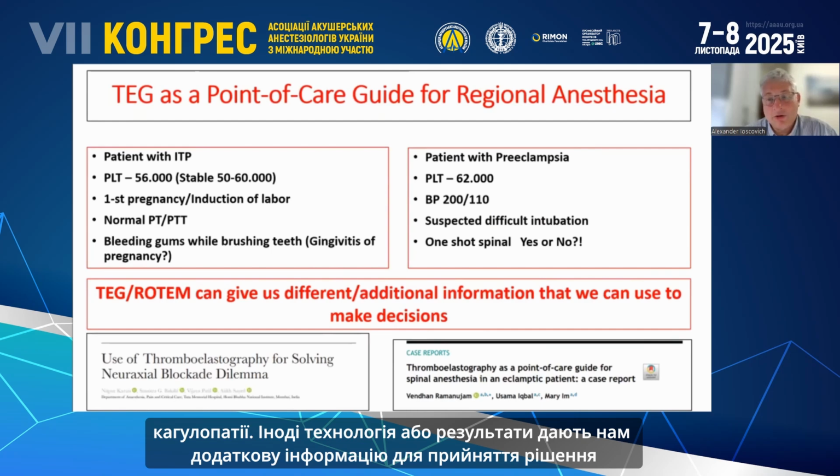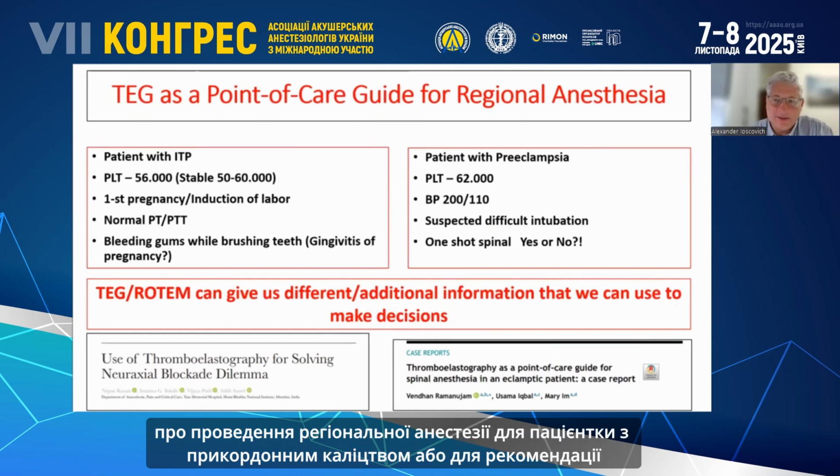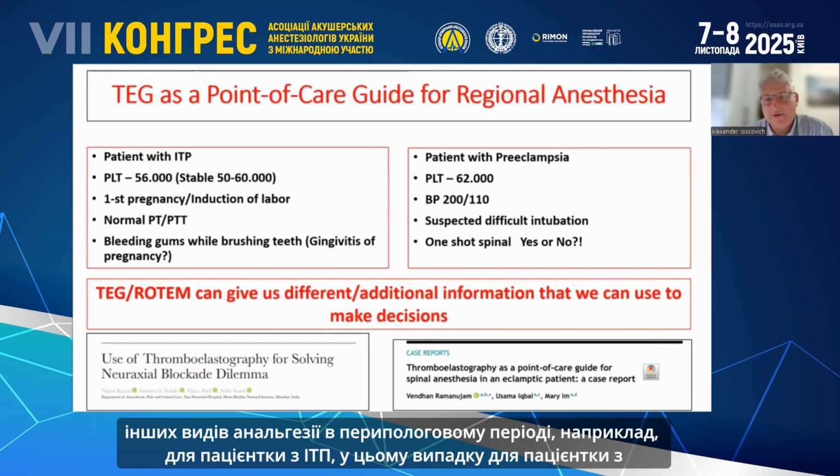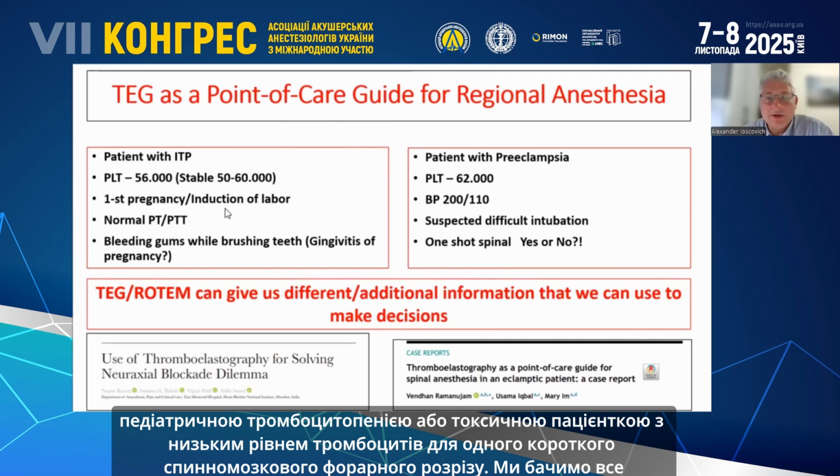Sometimes TEG or ROTEM results give us additional information to make a decision to perform regional anesthesia for patients with borderline coagulation status, or to recommend other kinds of peripartum analgesia. For example, a patient with ITP, in this case for epidural, or a toxemic patient with low platelets for one-shot spinal for cesarean section.